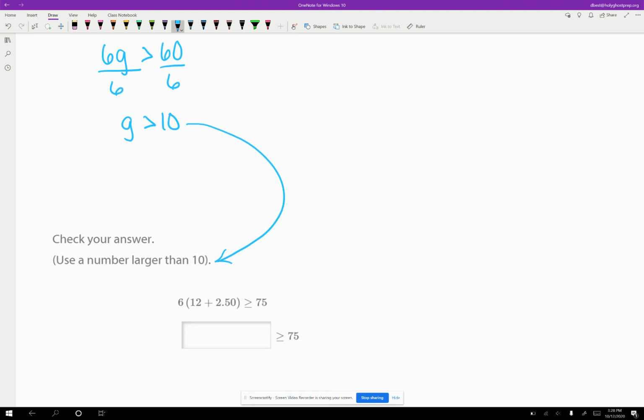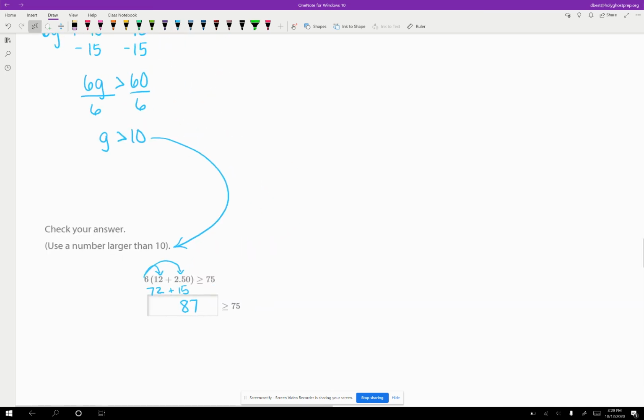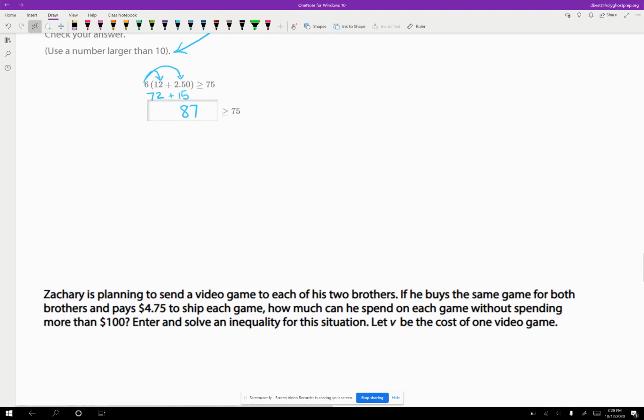So when you multiply this out, if you did 6 times 12 as your first step, right, you'd have 72 plus your 2.50 times 6, which is the 15. And if you add 72 and 15, you get 87. And 87 is, in fact, greater than or equal to 75. So greater than 10 is a good answer.